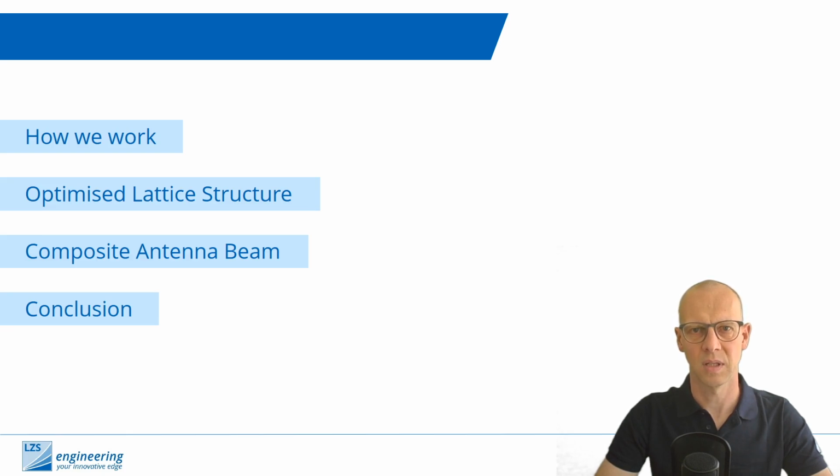The first point will be that I discuss and explain how we work and where's the difference to the traditional way of design processing. And then I prepared two examples about an optimized lattice structure for additive manufactured components and a composite antenna beam for a rail application.